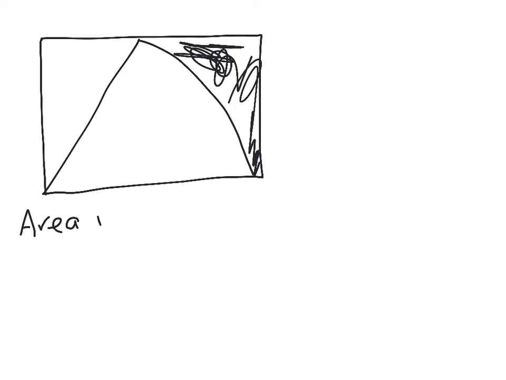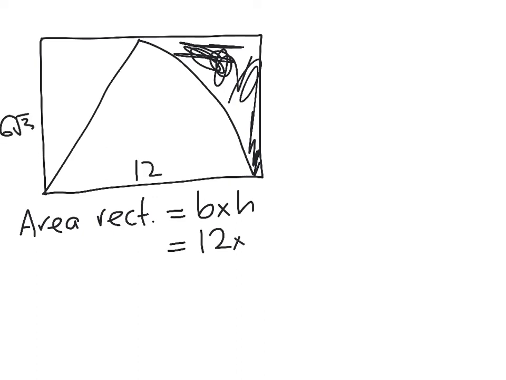So area of rectangle is equal to base times height. Well, that's going to be equal to 12 times my 6 root 3. That gives me 72 root 3 centimetres squared.